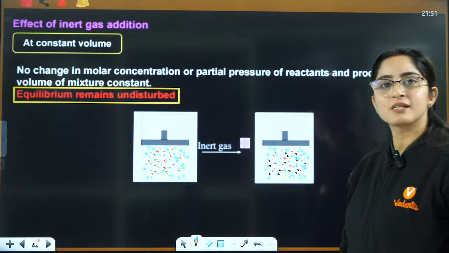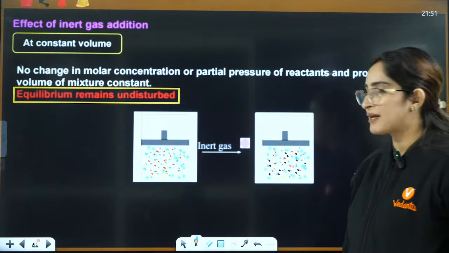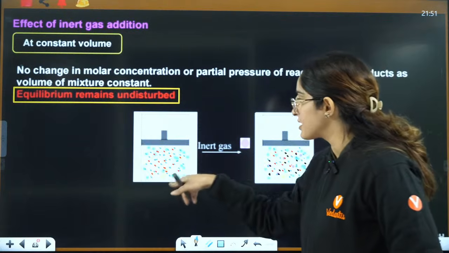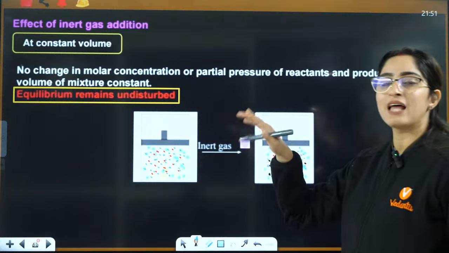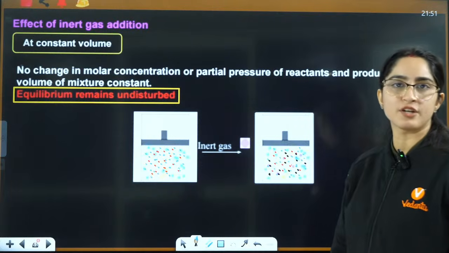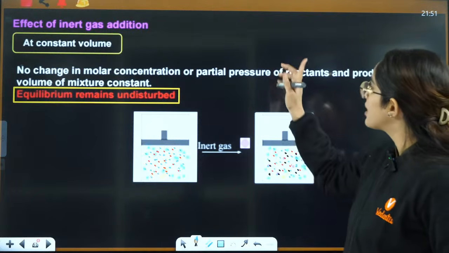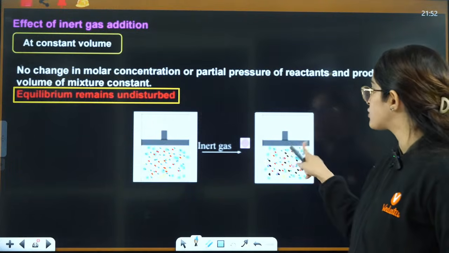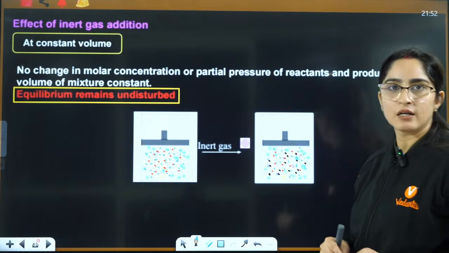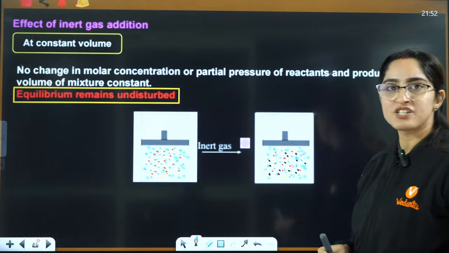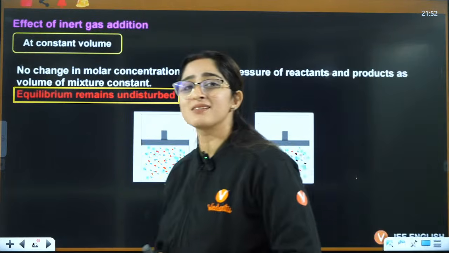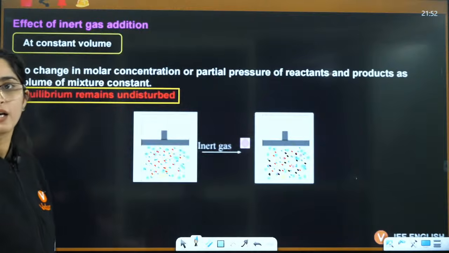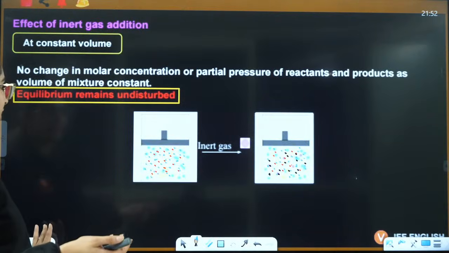Molar concentration is number of moles by volume, right? Because volume is not changing, molar concentration of that equilibrium mixture is also not changing. Or we can say if molar concentration is not changing, that means partial pressure is also not changing here, because this inert gas is not reacting with the equilibrium, right?